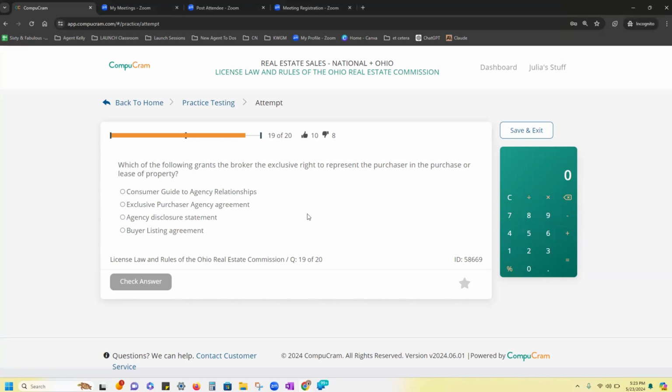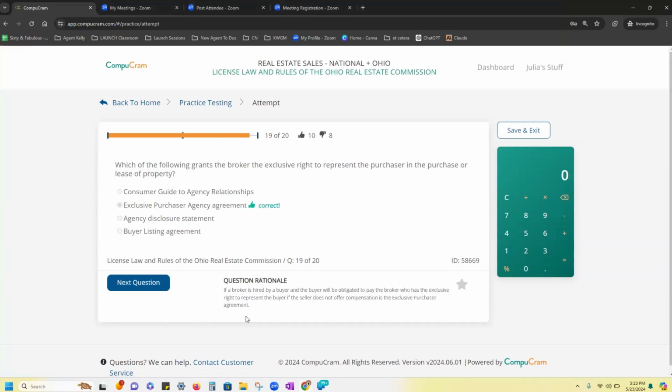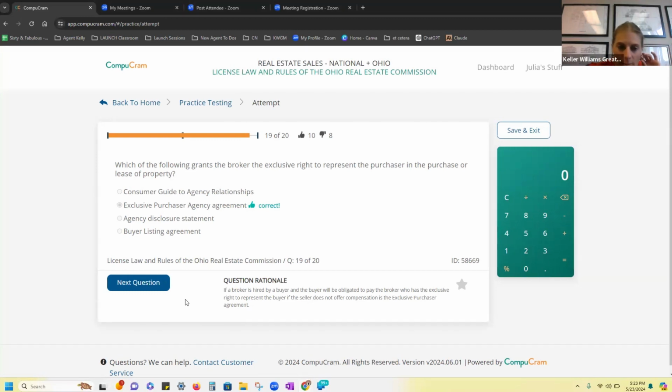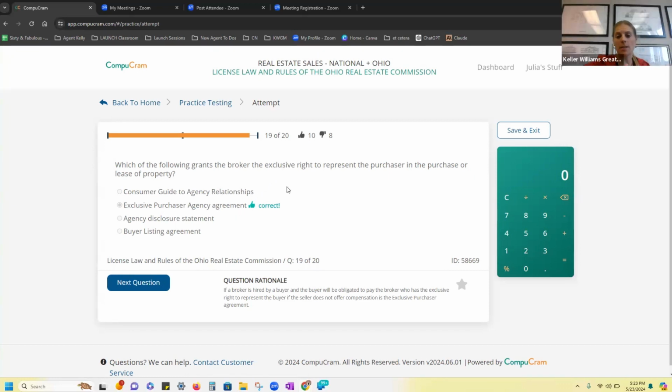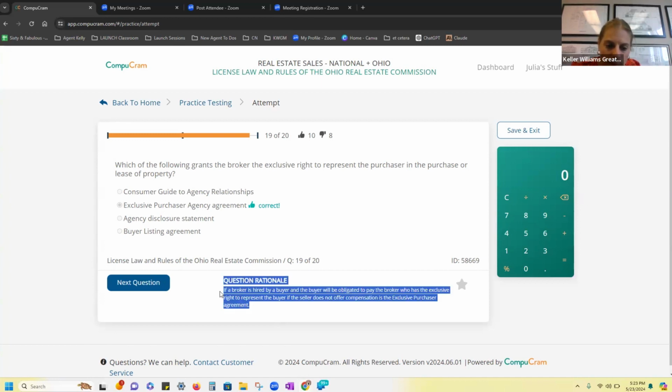B. B is correct, yeah. This is tricky because they just kind of made up their own little agreement here, but exclusive purchaser agency agreement. So it's the exclusive right to represent the purchaser in a purchase or lease of a property. This could also be known as the buyer agency agreement. So good job.